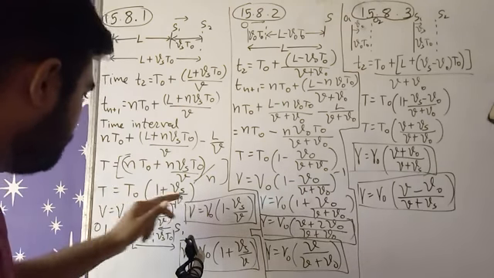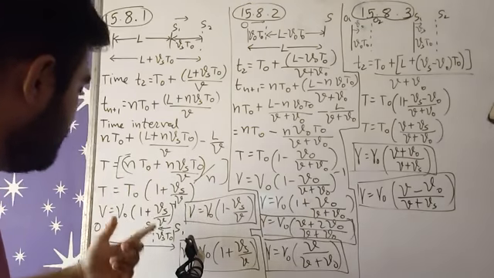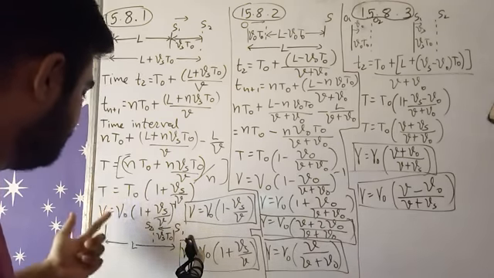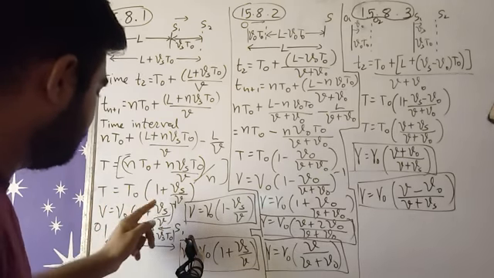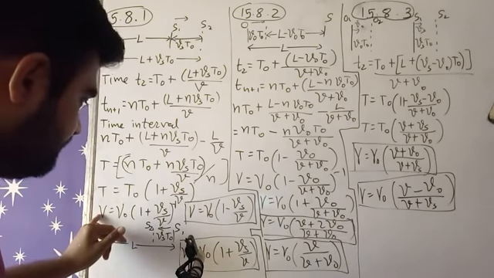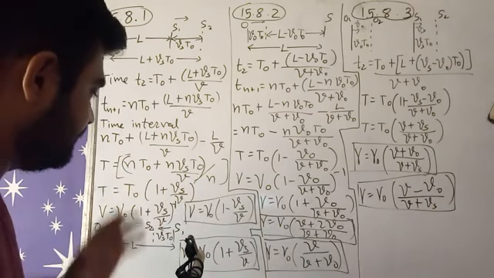If we want to find the frequency with this equation, we have to take the reciprocal of this equation. So the reciprocal is (1 plus Vs upon V) to the power minus 1. This is the new frequency, nu zero is the original frequency, and this is our velocity term.